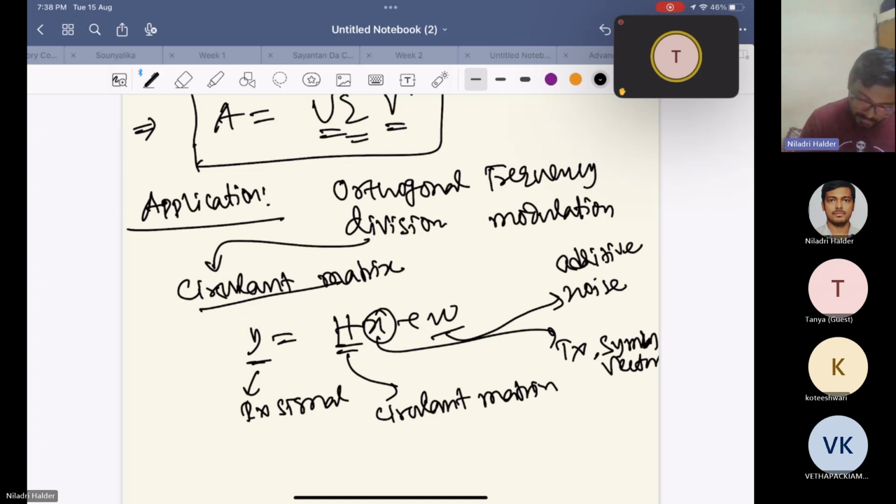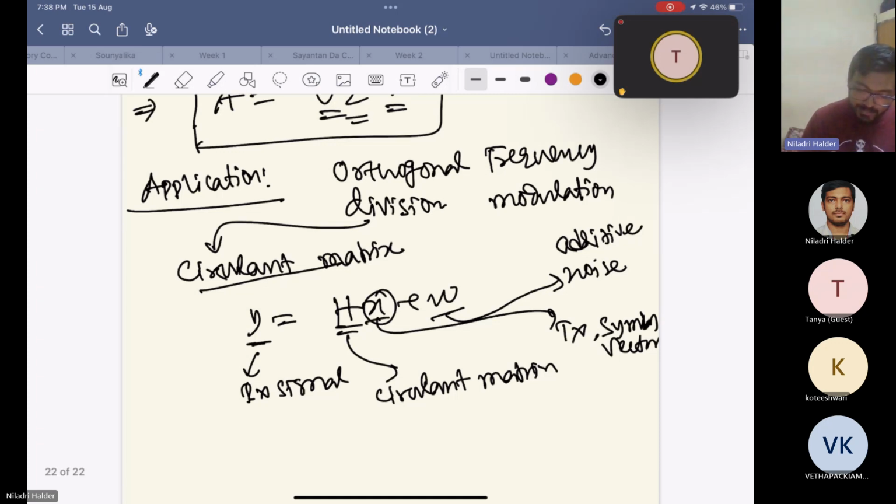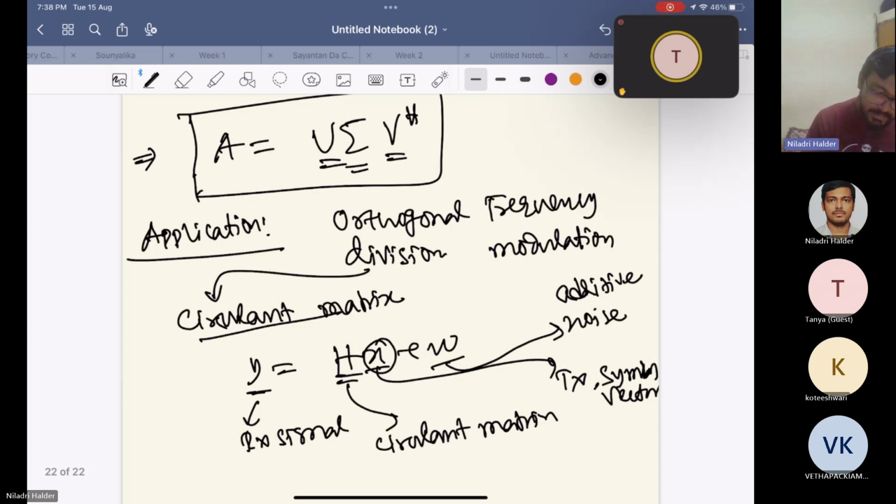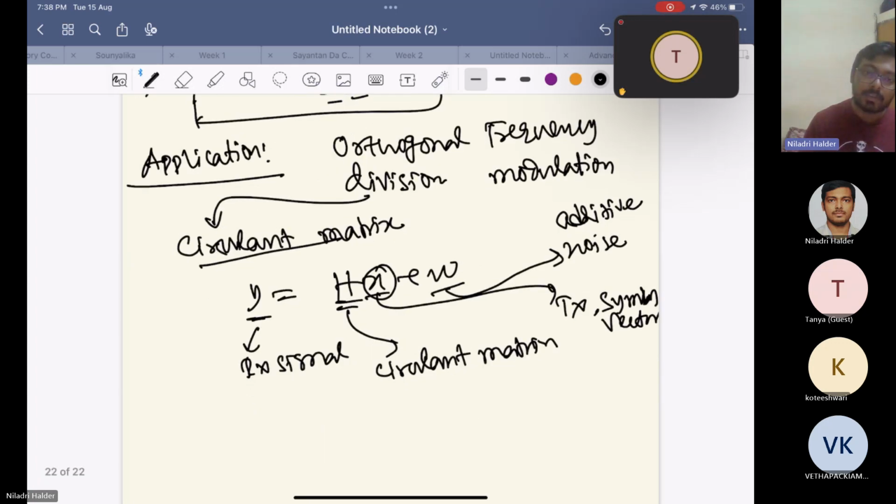So this is the symbol vector. Now this is a circulant matrix. If you do the SVD of a circulant matrix, you can decompose that H, and then you will get a diagonal matrix, that is sigma. That will diagonalize this channel.